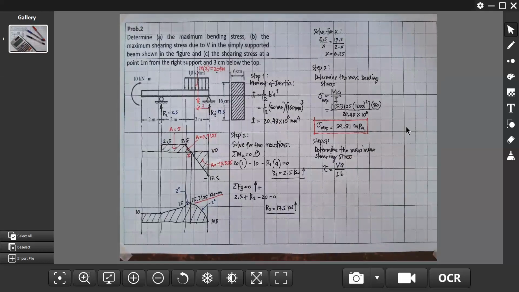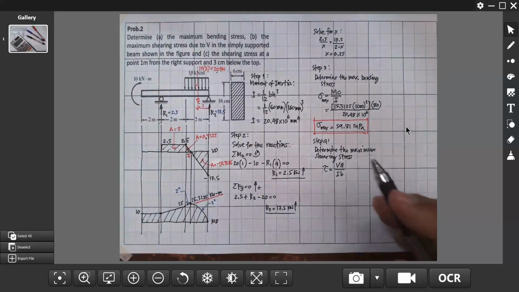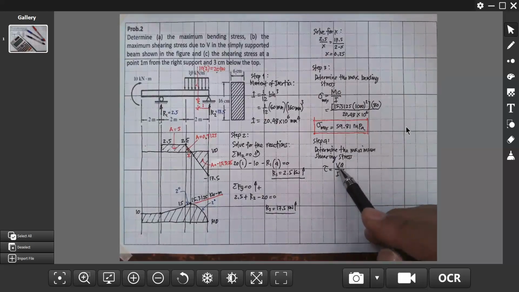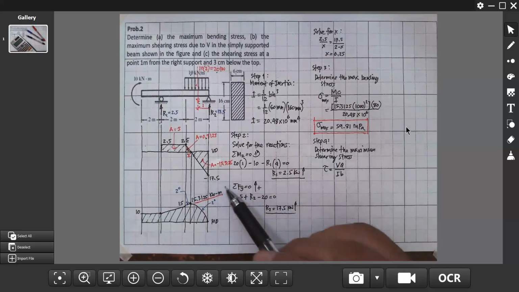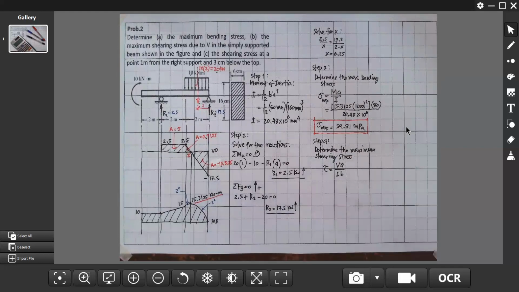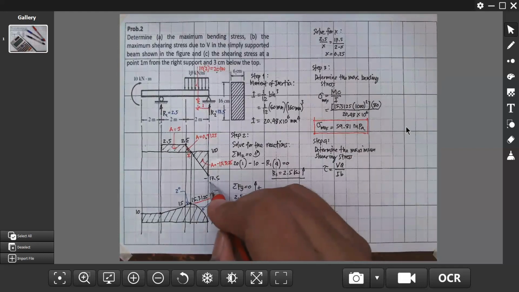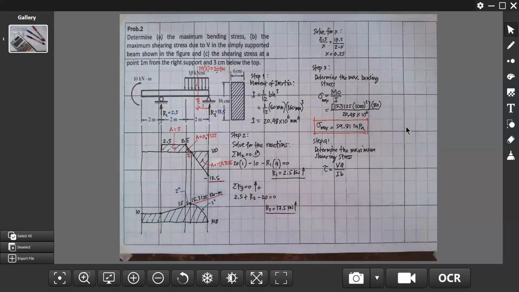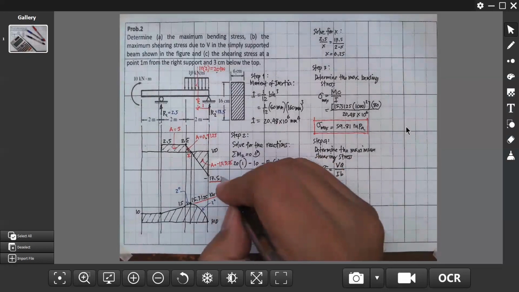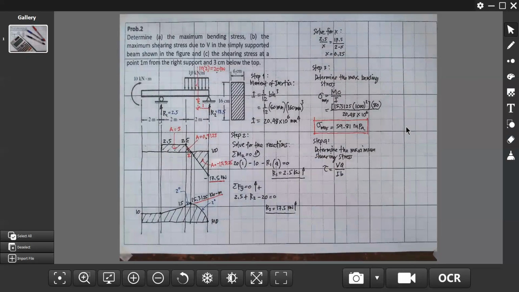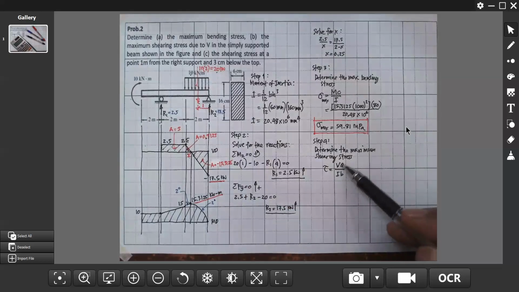The maximum shearing stress is located at the neutral axis. V is the maximum shear, which is 17.5. This is our maximum shear, and the unit is kilonewton. So, let's compute for Q.